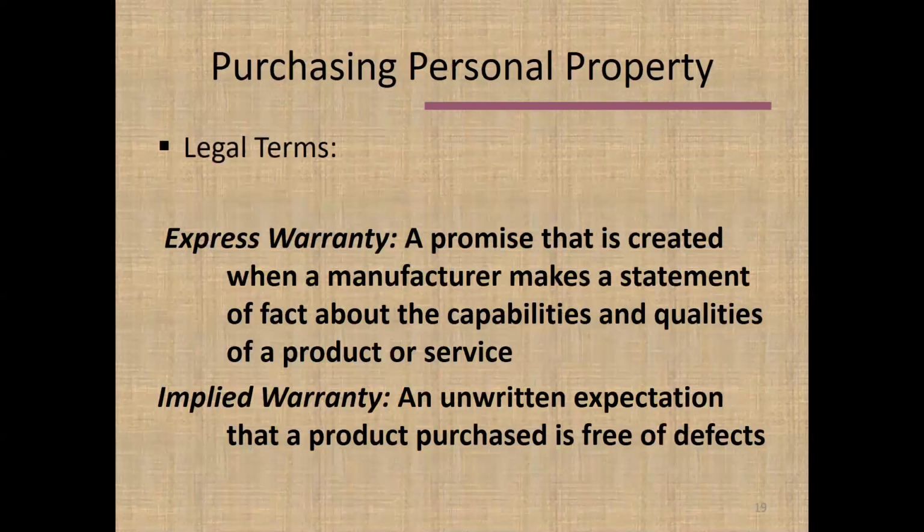Or if I take it home and I see that, in fact, it looks like a hairdryer, but it doesn't actually blow air and won't actually dry my hair. It's like a prop for maybe a movie or something that doesn't actually function. I will find that under either one of those circumstances, the implied warranty has been violated.